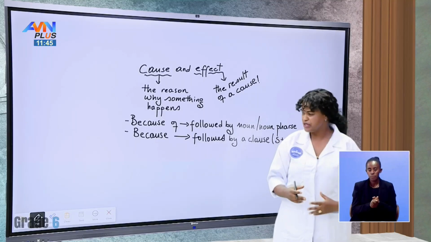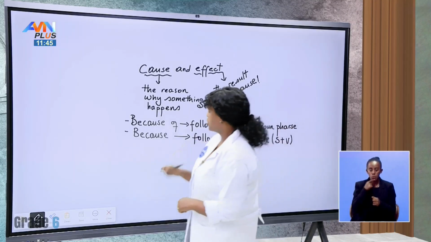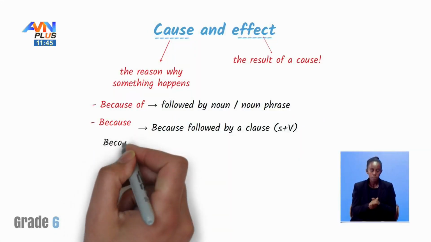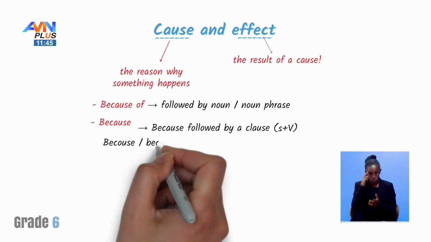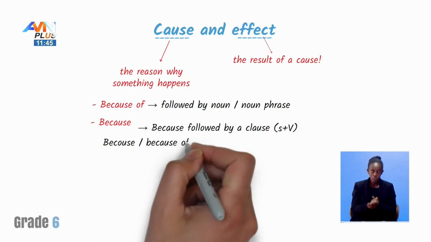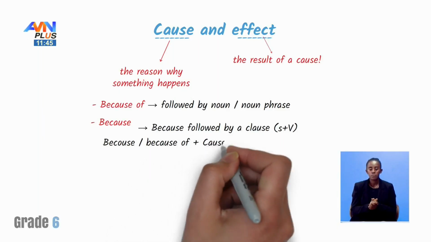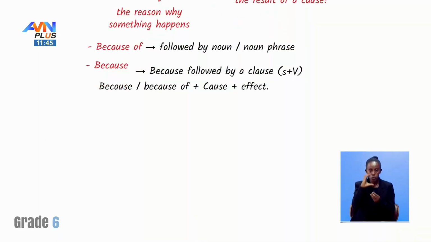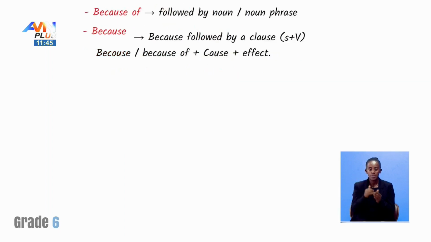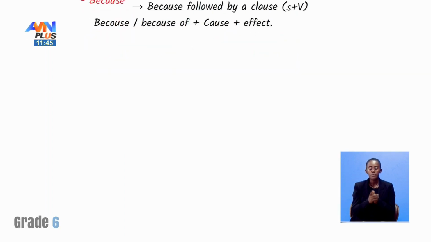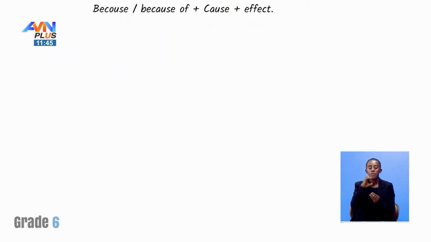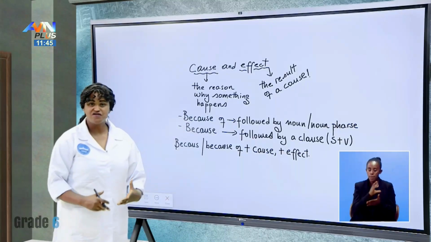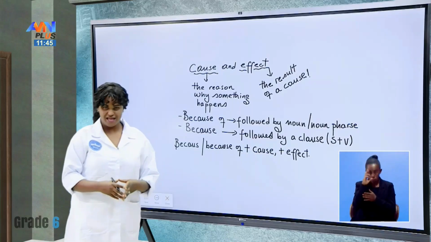Just to remind you the pattern, we said that because or because of, plus cause, then comma, and then plus effect. This is one form and one way of expressing cause and effect.